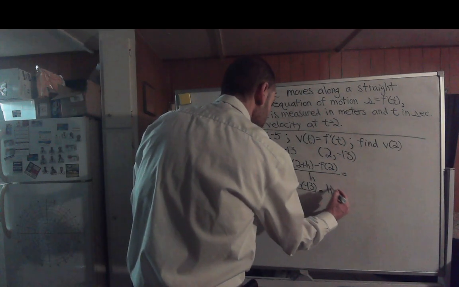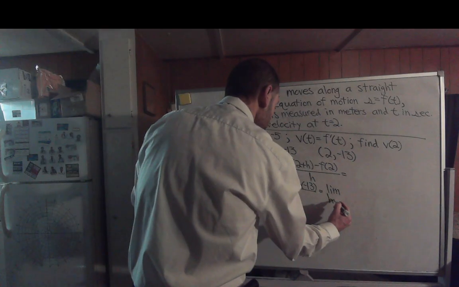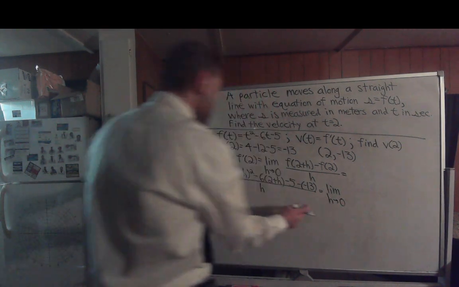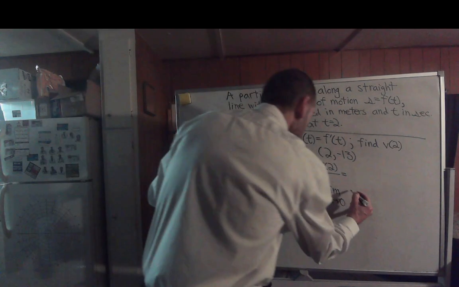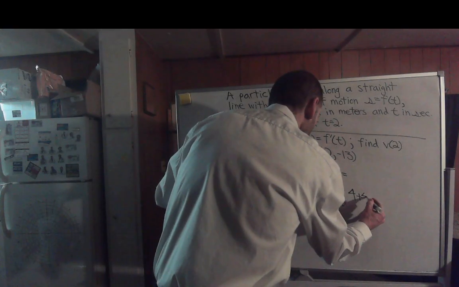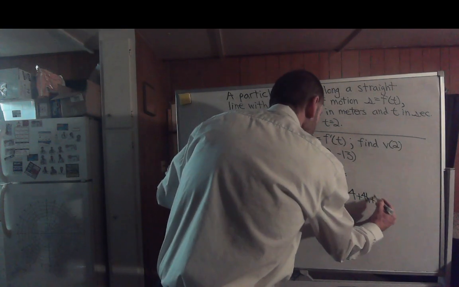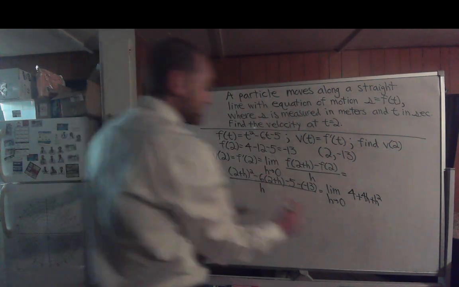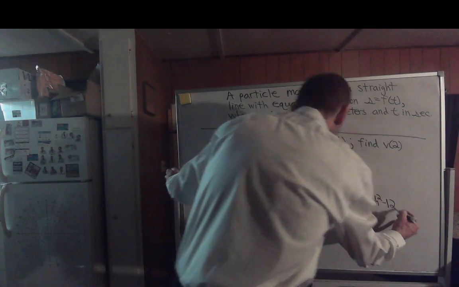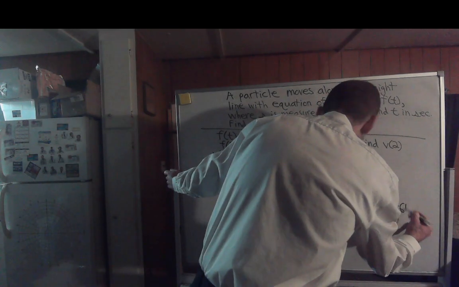Let's go ahead and simplify the numerator. This will turn into the limit as h approaches 0 of, we expand 2 plus h to the second power, that'd be 4 plus 4h plus h squared. Now, minus 6 times 2, that's minus 12. Minus 6 times h, that's minus 6h.